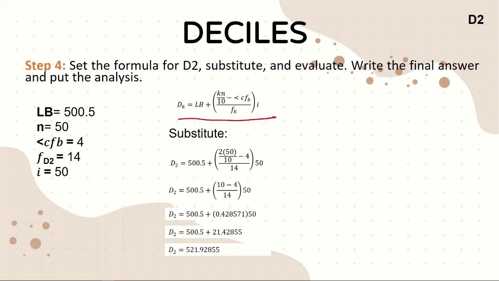Therefore, decile 2 is equal to 500.5 plus the quantity of 10 minus 4 divided by 14 times 50.